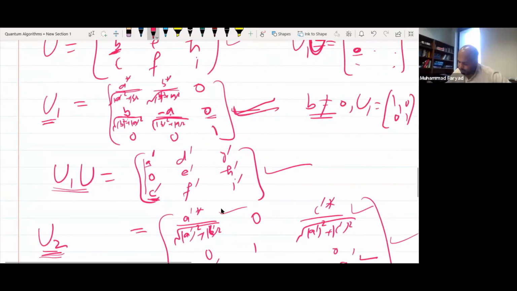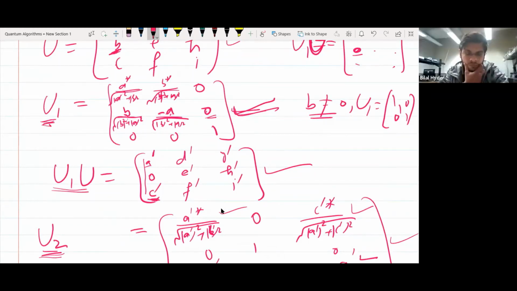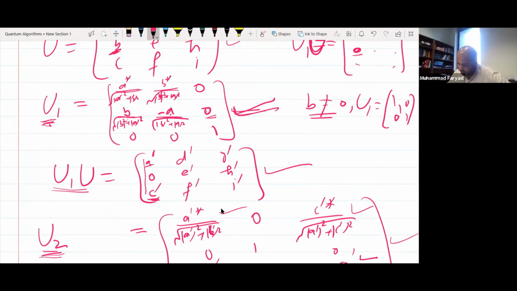So let's actually go back if we can see it again. So if I have u1 like this, then this number was coming out to be a prime mod square plus b prime mod square.